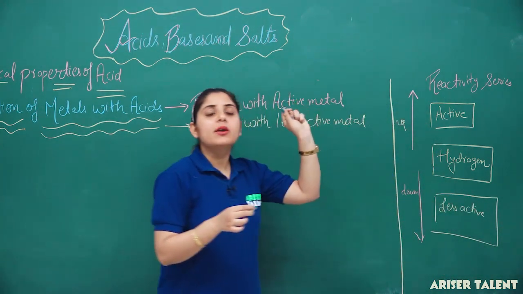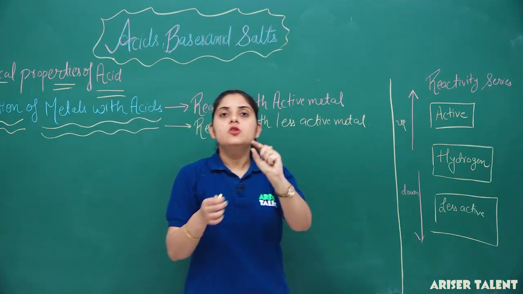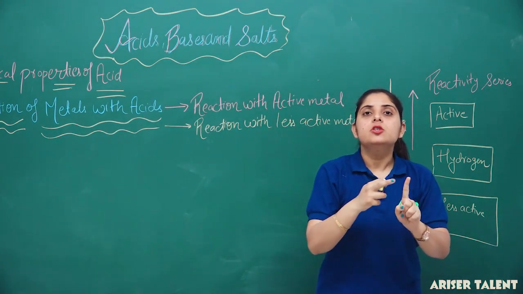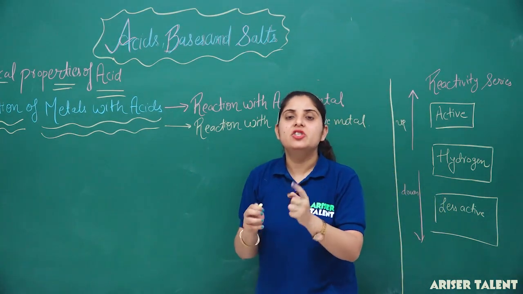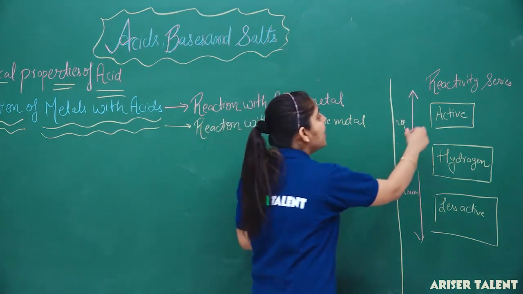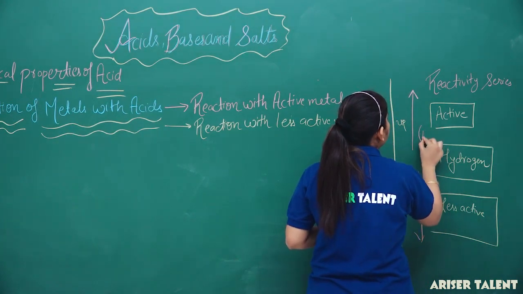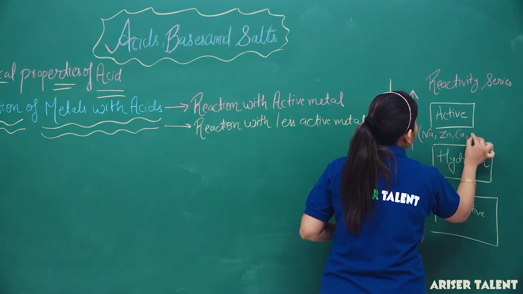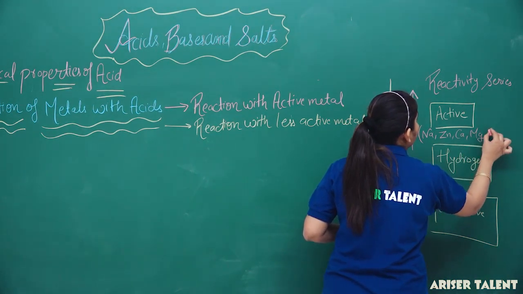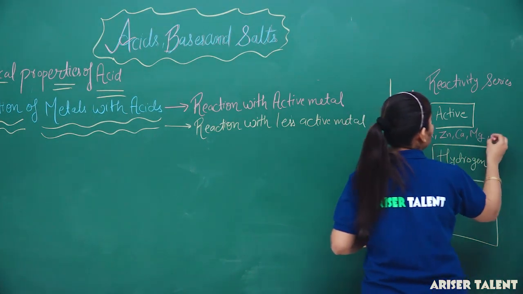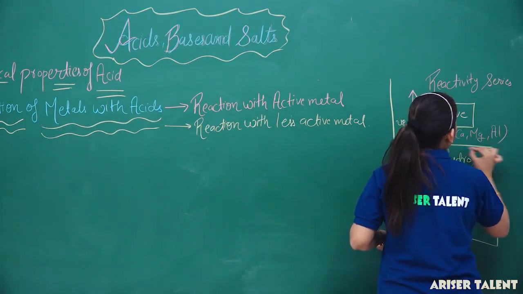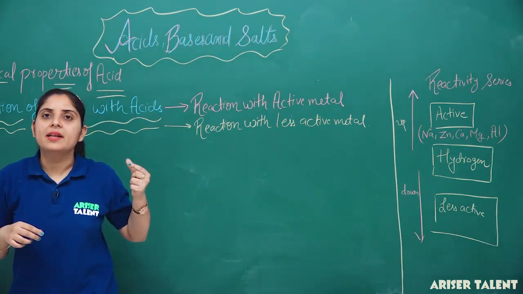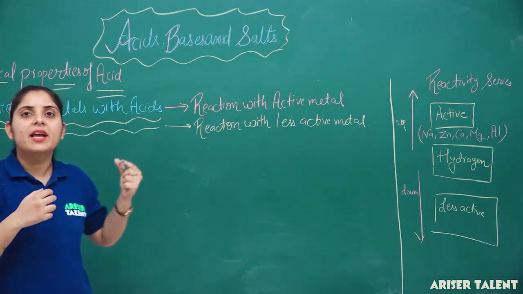So if I am talking about the active metals, in the reactivity series the metals above hydrogen are sodium, potassium, zinc, calcium and magnesium. So these are the 5 metals which are active, and we will see their reactions.